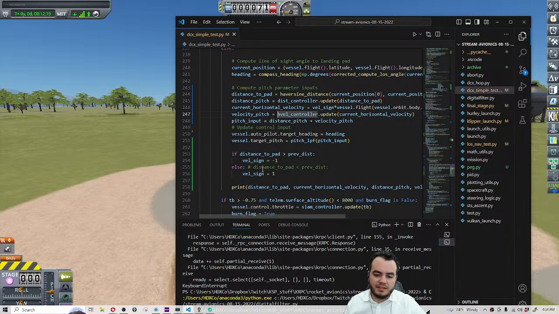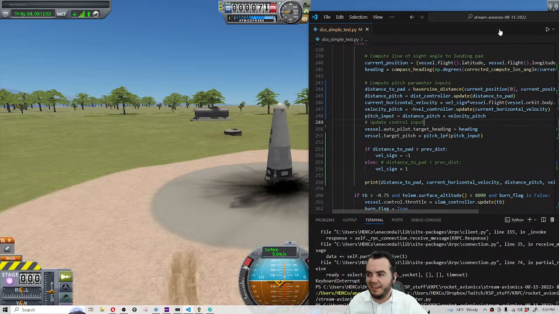What this is saying is if our velocity is positive, we're moving towards the pad. But what that should actually mean for our pitch PID output, it should be negative. It should be the opposite of that sign, I think. We want it to pitch down if it's moving away. I think that's right. Anyways, let's try it. We can always just switch the sign if we need to.